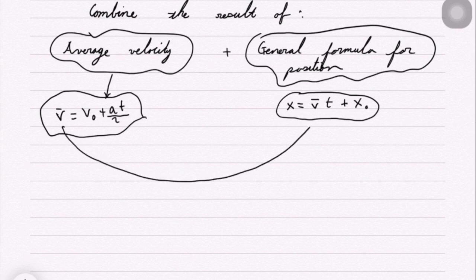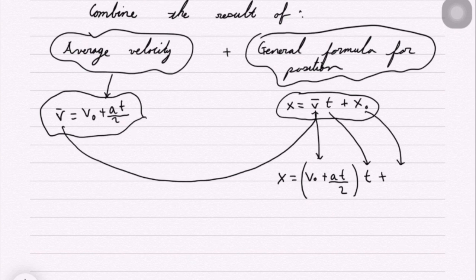So what we can do now is take the average velocity from the left side and put it into the equation on the right side. What you have is x equal to v sub naught plus at divided by 2, multiplied by the t from above, and then plus x sub naught.